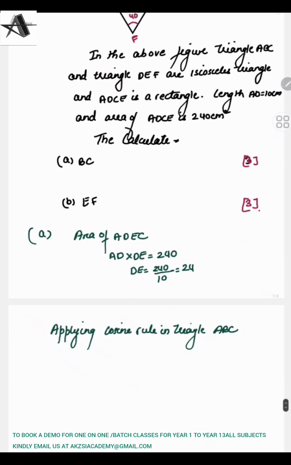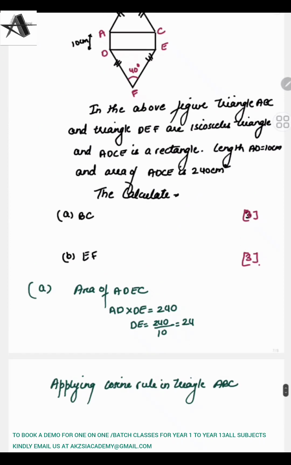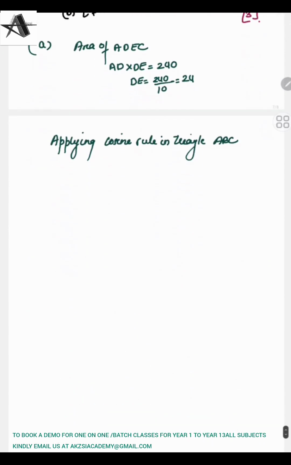AB and BC are equal. AC squared is equal to AB squared plus BC squared minus 2 times AB times BC times cos of 30 degrees, because that's the angle included between these two sides. Let us say AB and BC be x, which will be simpler to understand.